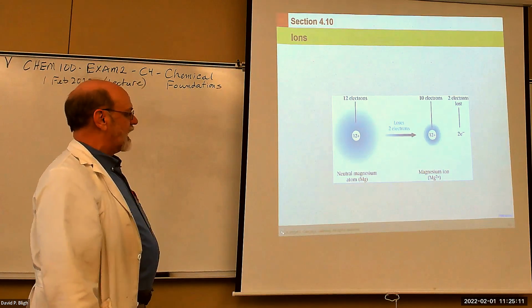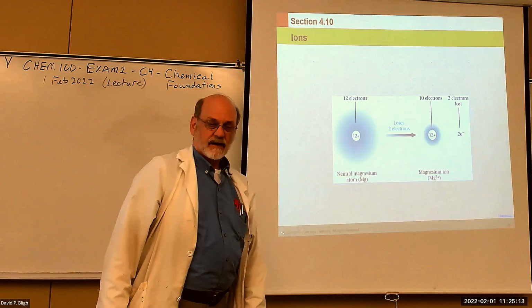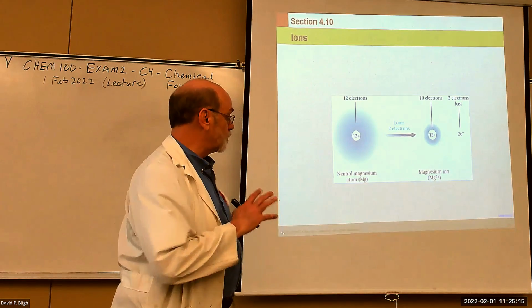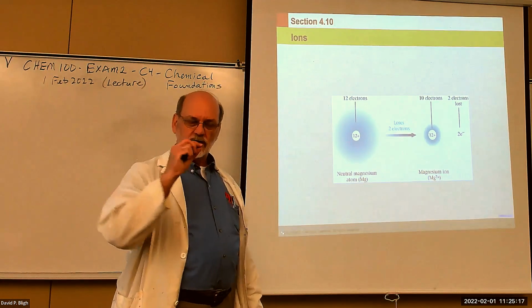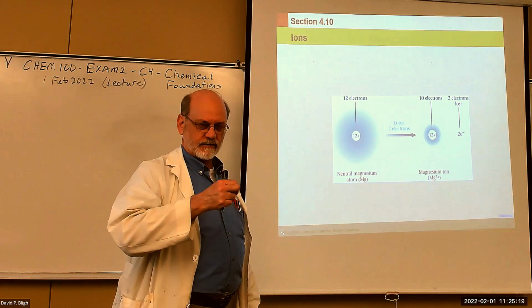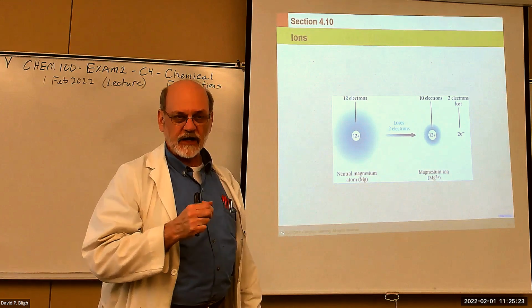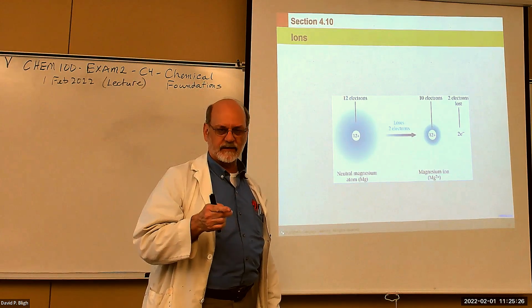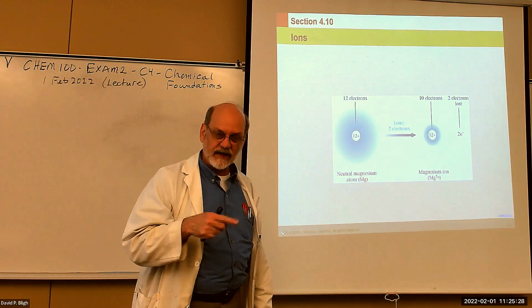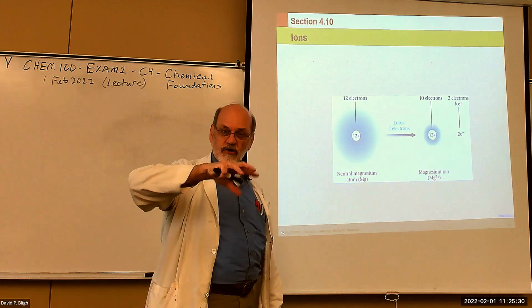Okay. I mentioned how we form ions. And I'll just say briefly that when you form an ion, you change the number of electrons only, never the number of protons. If you change the number of protons, you have a different element. So you change the number of electrons, that changes the charge balance.